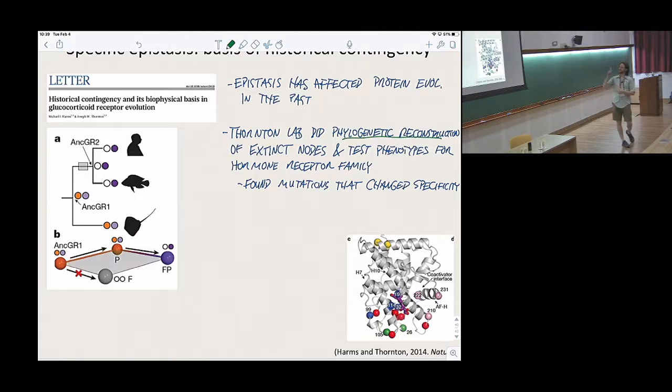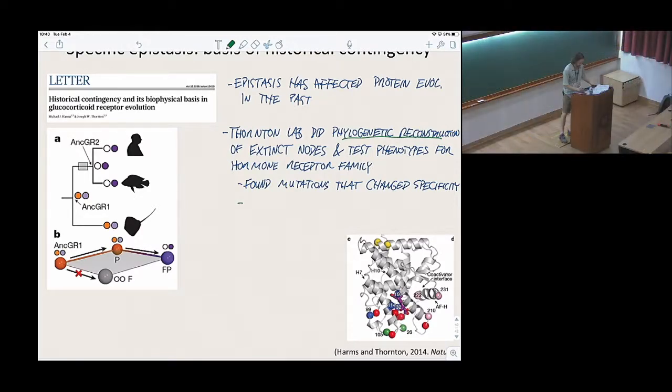And the neat thing is that it relates a lot to the poster that you could see, that there were neutral mutations for specificity that are required for the functional changes.